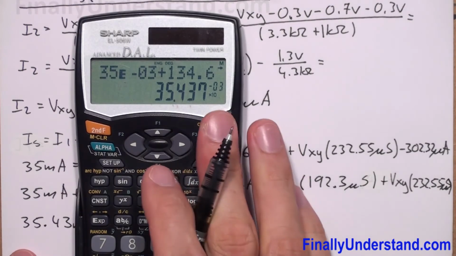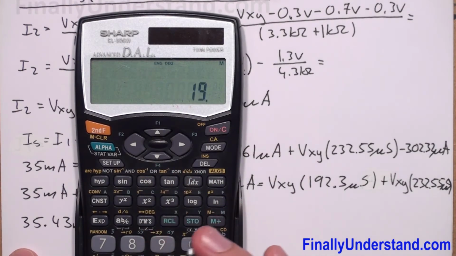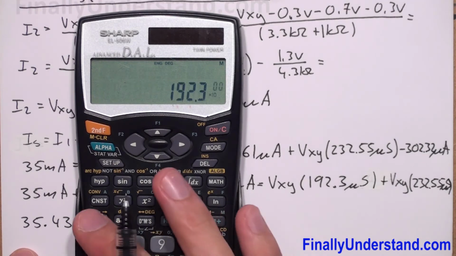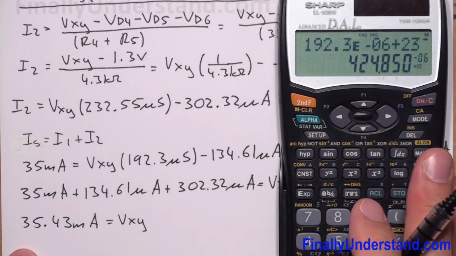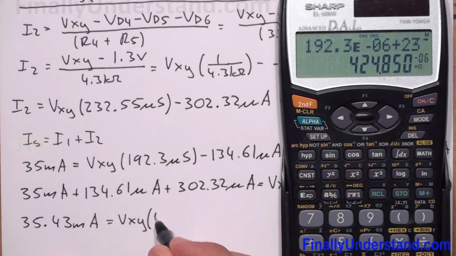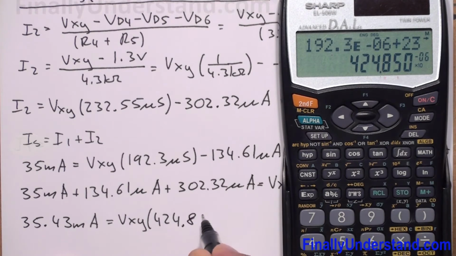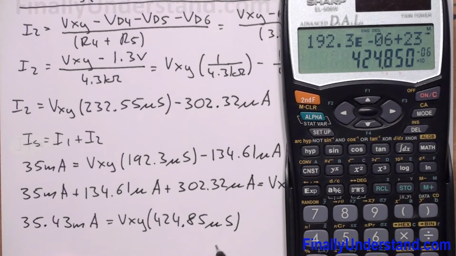I have 192.3 exponent negative 6 plus 232.55 exponent negative 6. This is equal to 424.85 microsiemens.